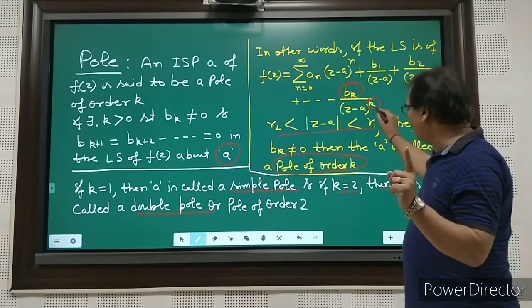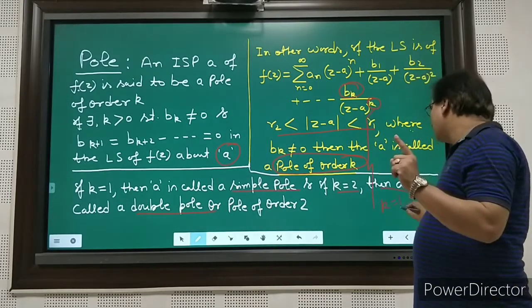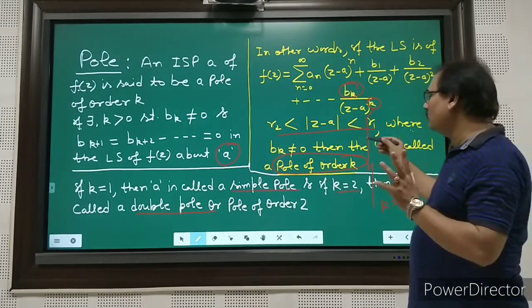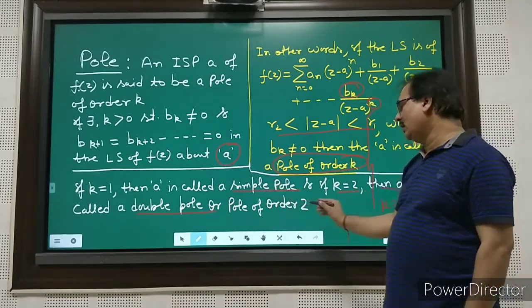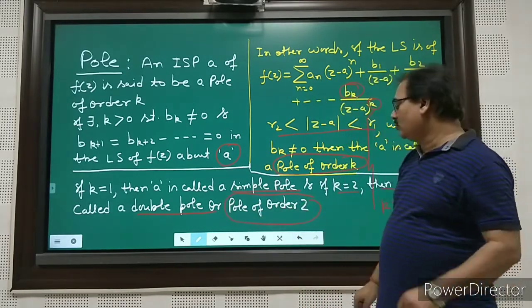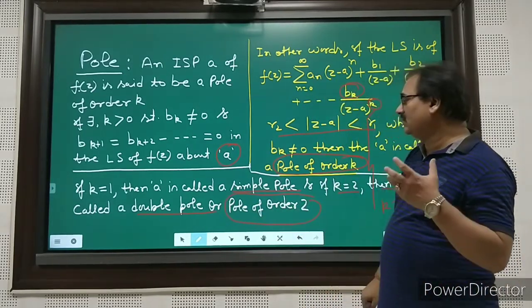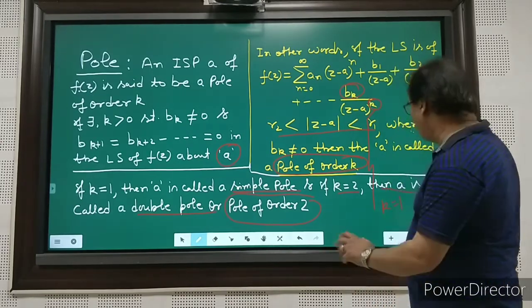Which power? This power. If k is 1, then simple pole. If k is 2, then that is called a double pole or pole of order 2. So sometimes we say pole of order 2, sometimes double pole or simple pole. This is the definition of a pole.